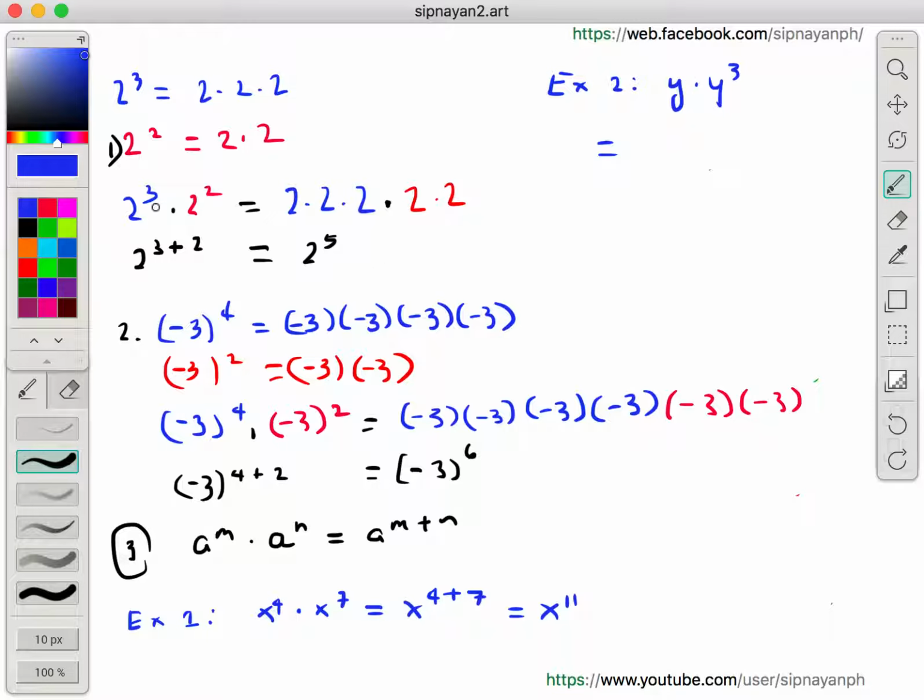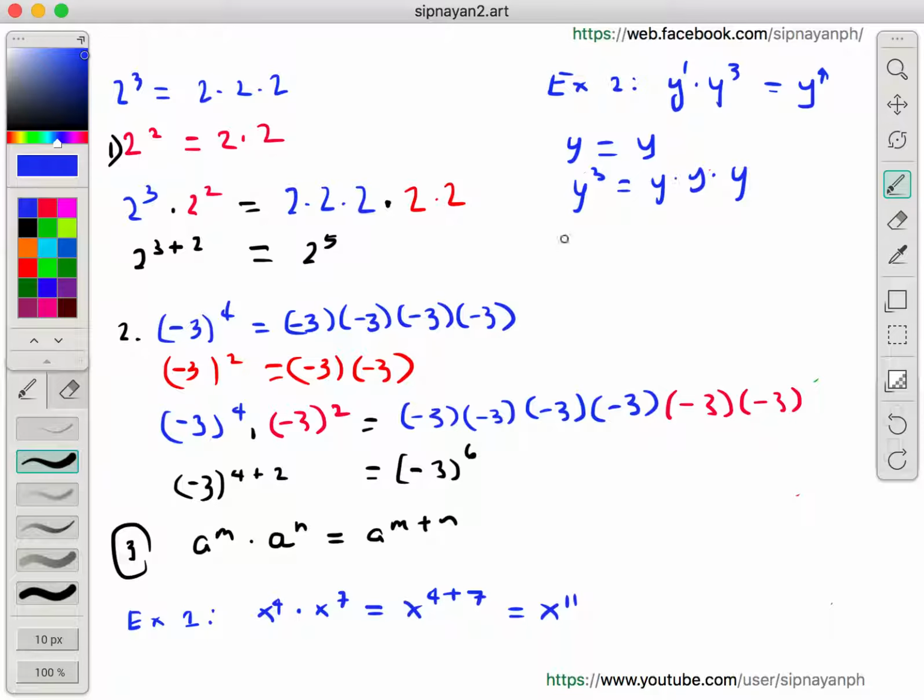Well, kung susundin natin to, ang y natin ay y, tapos ang y cubed natin ay y times y times y. So, tatlong y factors, and then another y. Pag minultiply mo itong dalawa, ibig sabihin this is y raised to the fourth power. Ibig sabihin, meron tayong nakalagay na 1 dito, hindi na natin nalagay. So, lahat actually na walang exponent, pag walang nakalagay na exponent, automatic ang exponent niyan ay 1. Okay?